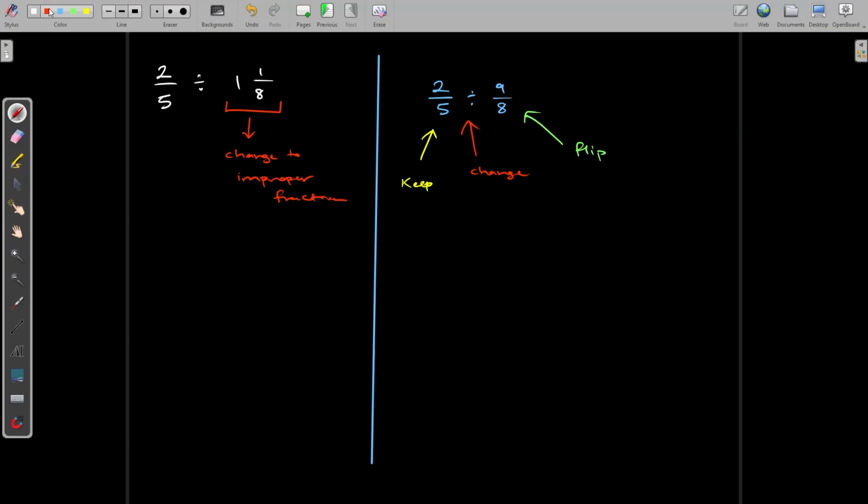So now we have 2 over 5 times 8 over 9. Can anything be simplified? No. So if nothing can be simplified, we simply multiply across. 2 times 8, 16. 5 times 9, 45. And that would be your answer. That's the simple procedure behind dividing fractions.